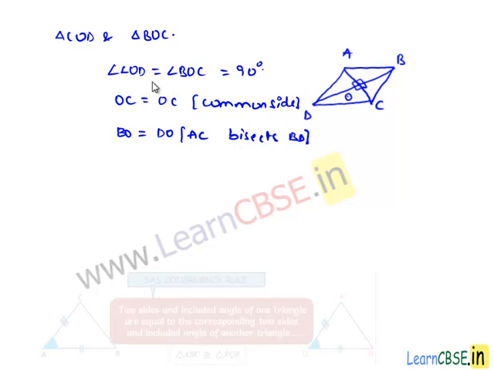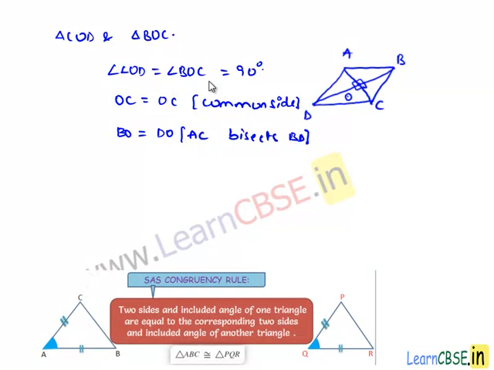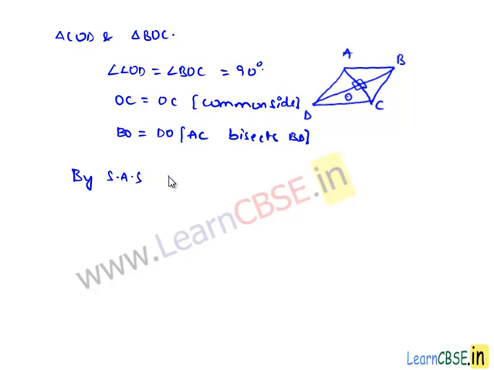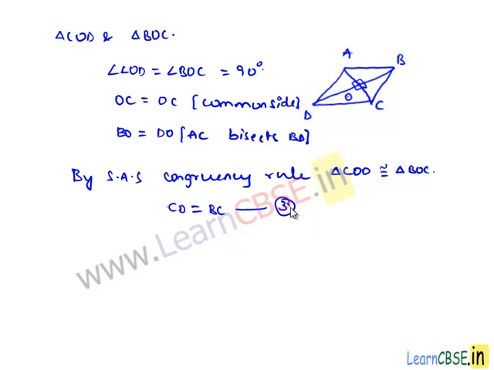So here, as in two triangles the corresponding angle and two corresponding sides are equal, we can say by the SAS congruence rule, triangle COD is congruent to triangle BOC. Now, when two triangles are congruent, their corresponding sides and angles will be equal. So here the corresponding sides CD can be equated to BC. Let us name it as equation number 3.